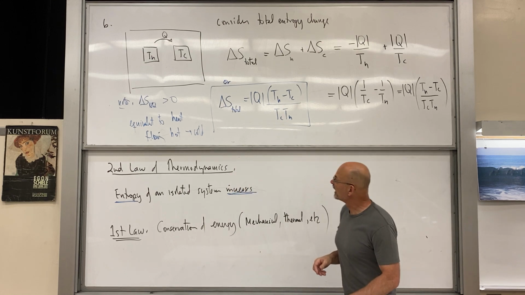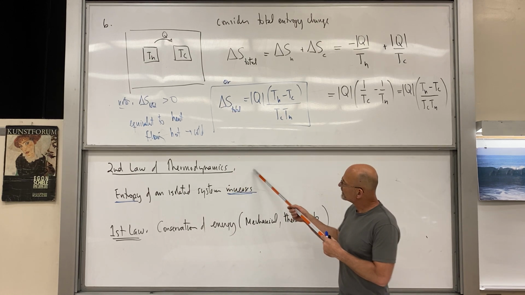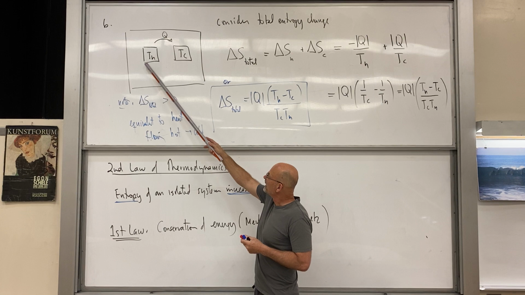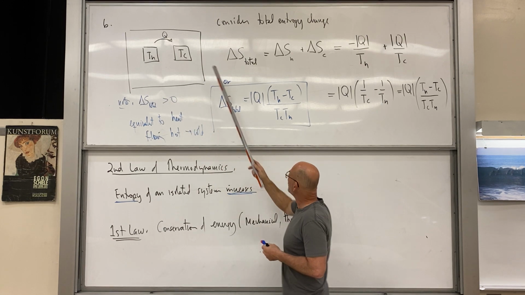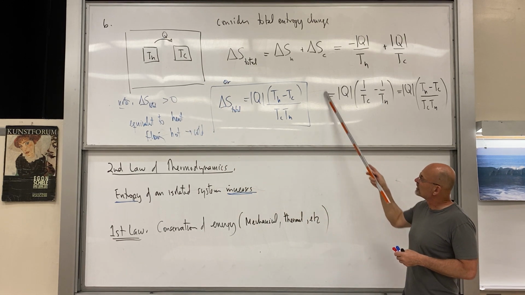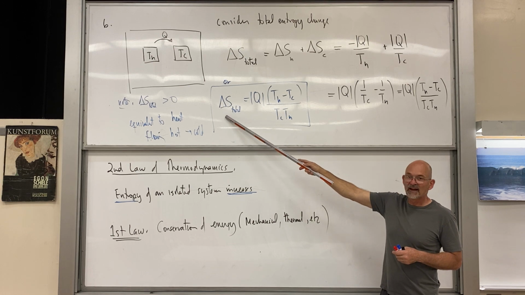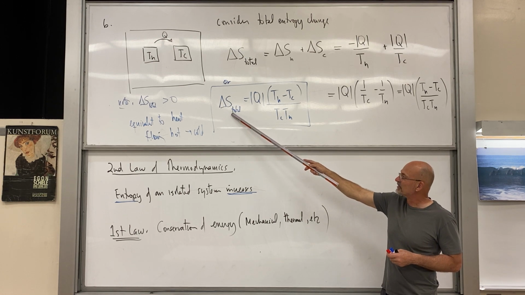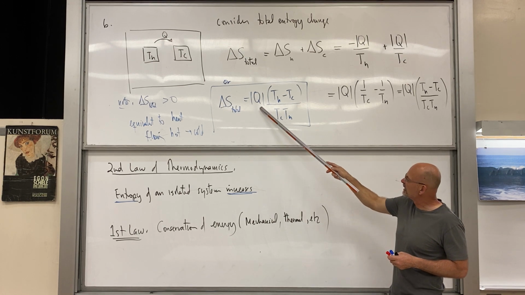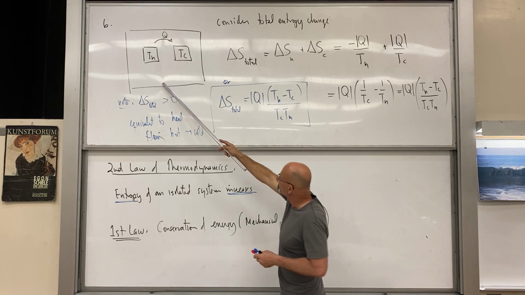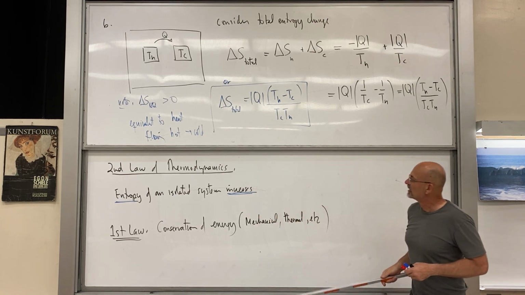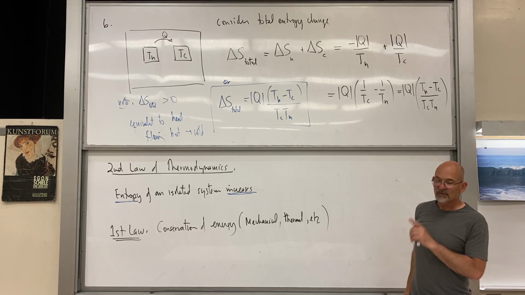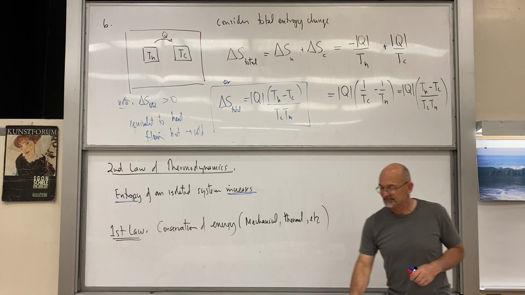And once again, and not for the last time, this is identical to energy flowing from hot to cold. And this calculation showed that delta S total increased, right? It's an isolated system, increased when the energy flowed from hot to cold. Okay, good. That's what we're going to leave it with today.